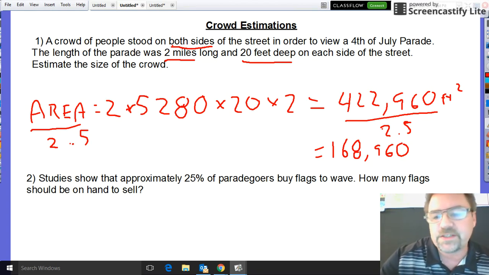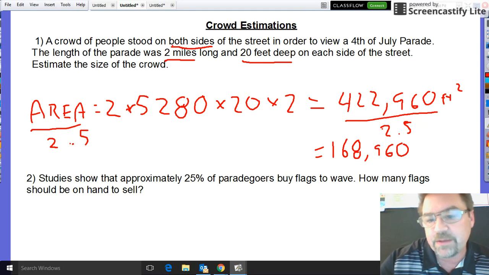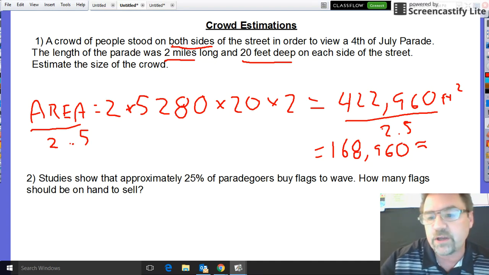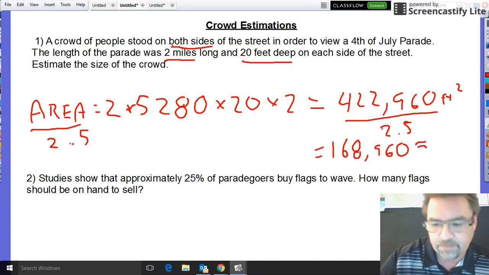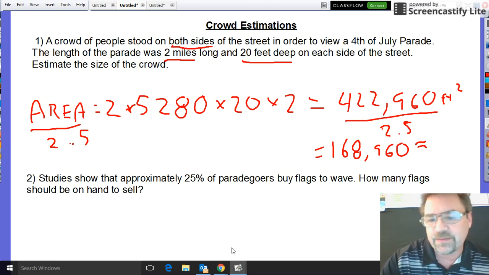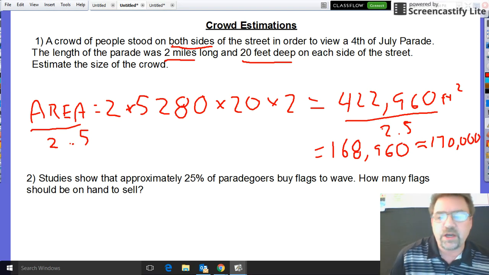This is all a rough estimate. So you could just say approximately maybe 170,000, 169,000. You could round it off any way you want. So maybe it's approximate. So instead of saying an exact number, 960, you really don't know it's going to be like that. You can either round down or round up, but maybe approximately 170,000 would be a good rough estimate.